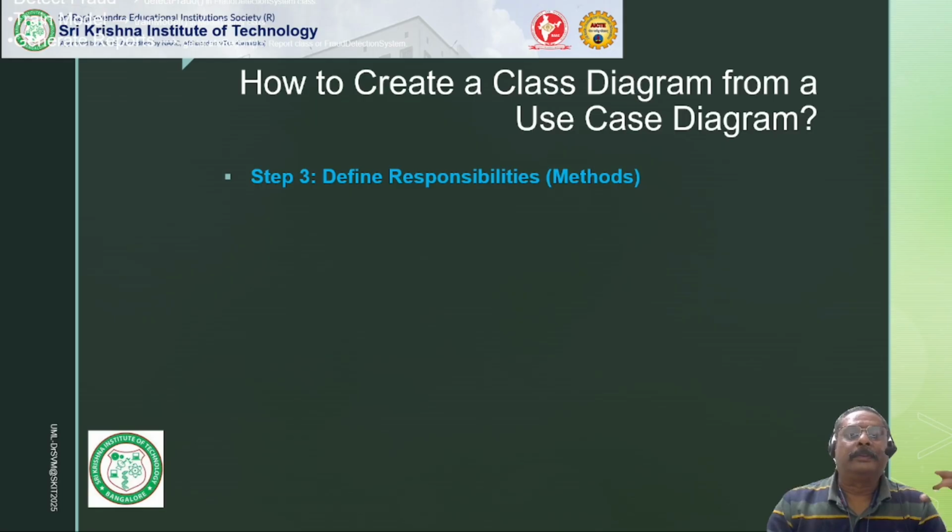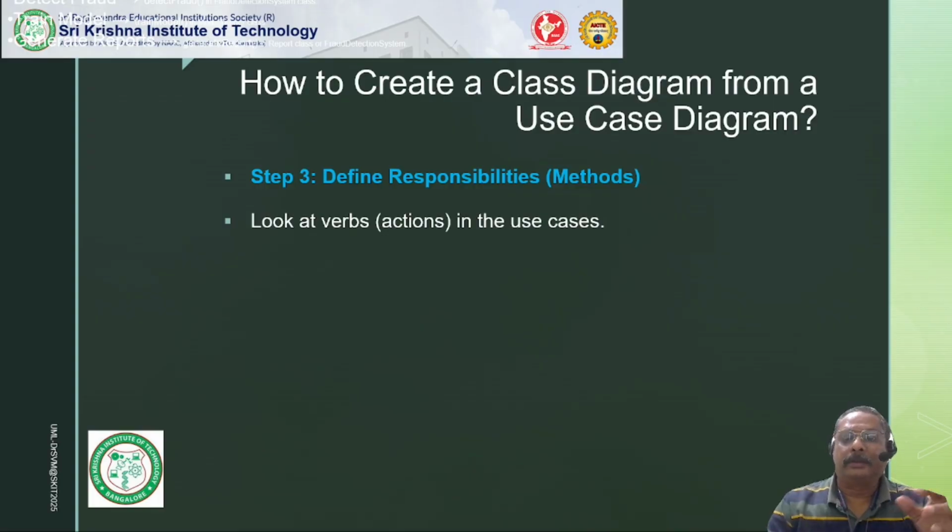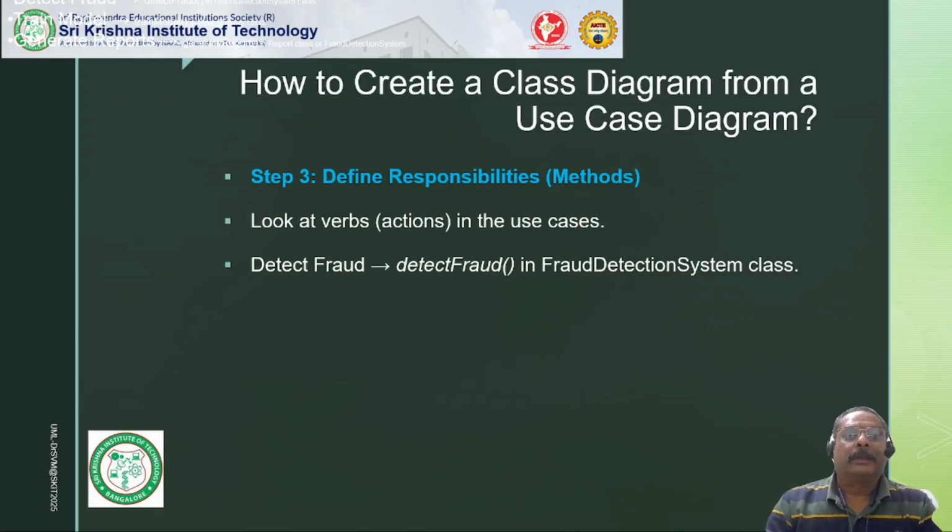Then the third step is to define the responsibilities or the methods using the use cases. Look at the verbs or the actions in the use cases. In the case of detect fraud, detecting a fraud can be a function. So we can create a method called detect fraud in the fraud detection system class.